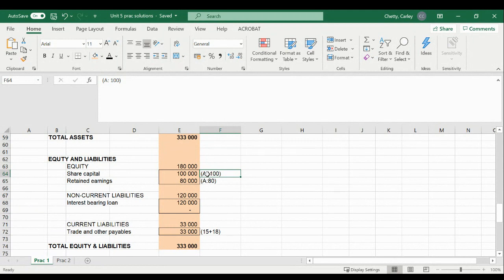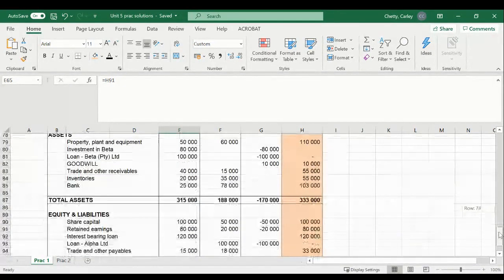So even though Beta will have share capital in its separate financial statements of 50,000 Rand, in the consolidated financial statements here, we only show Alpha's because Beta's was eliminated on acquisition. And it's the same story with retained earnings. This retained earnings here of 80,000 Rand is Alpha's.